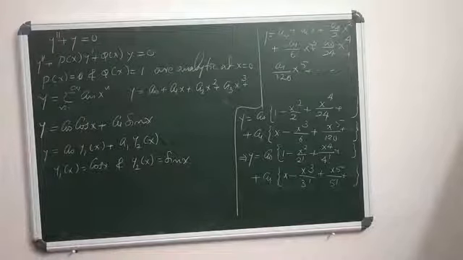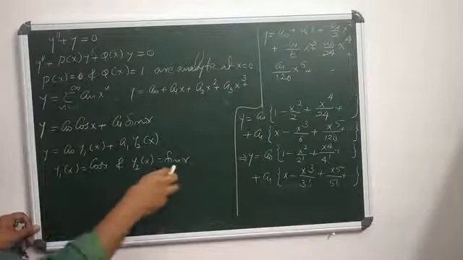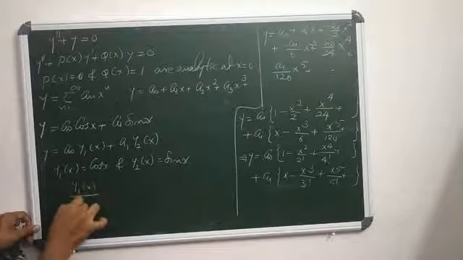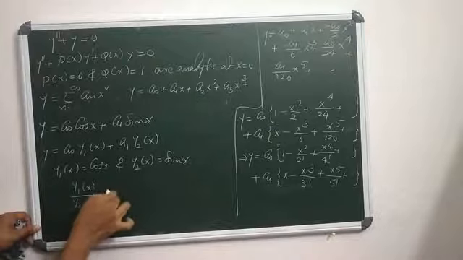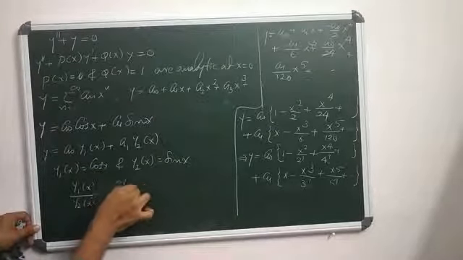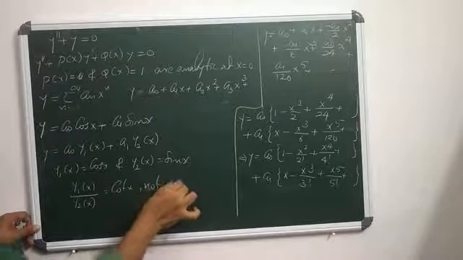Agreed? So here, y1x and y2x, one is not a constant multiple of the other. Here y1x by y2x is equal to cot x, which is not a constant.